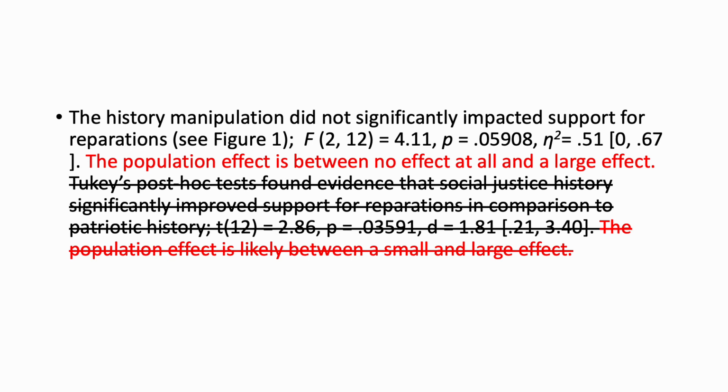P equals 0.05908. Eta squared can max out at 1 as well, so you don't have to put the 0 in front of that either. 0.51 with the lower limit of 0 and the upper limit of 0.67. The population effect is between no effect at all and a large effect. With this study, we didn't really learn anything.